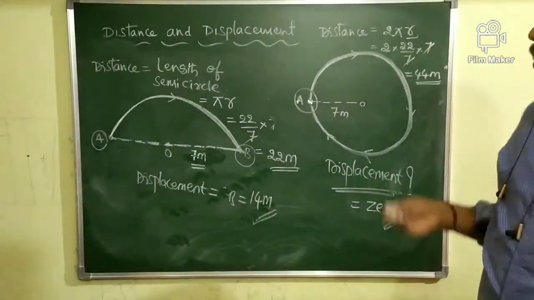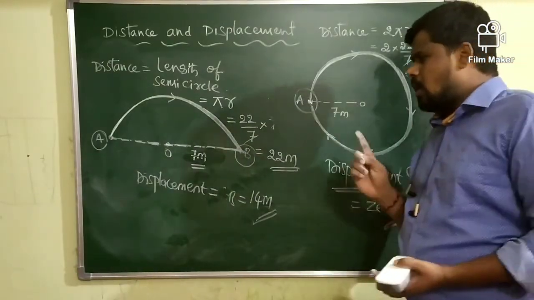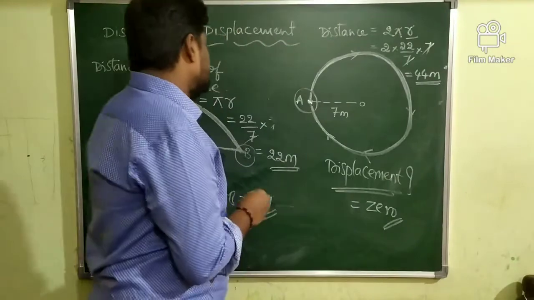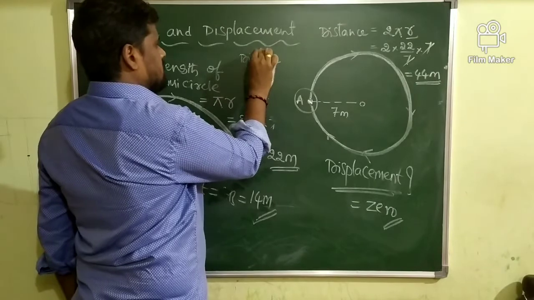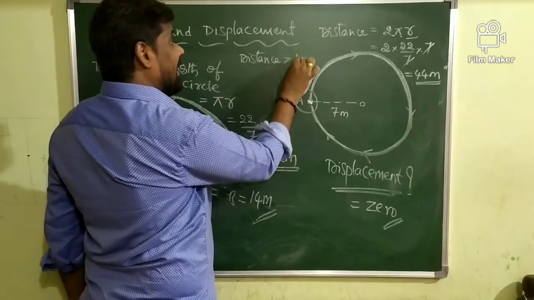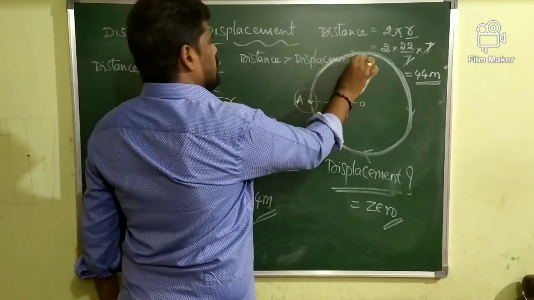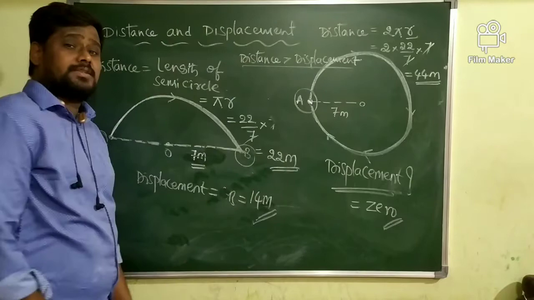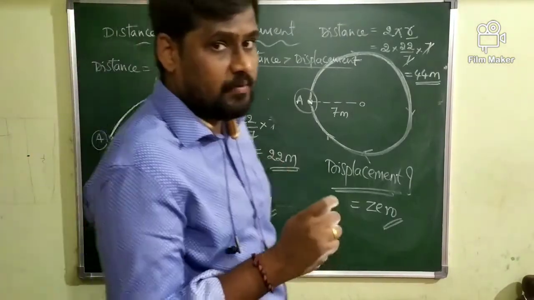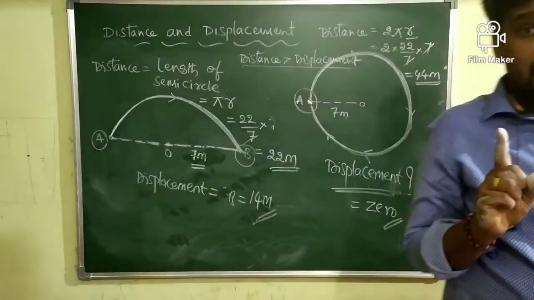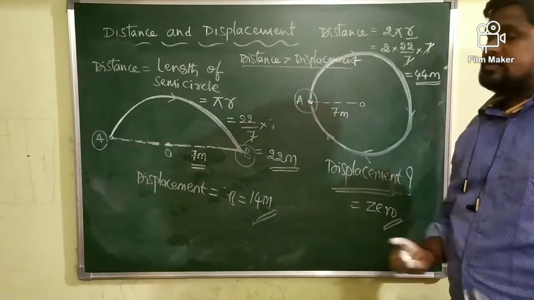When the body is moving in a circle of radius r, the value of its displacement is 0. Look at all 3 examples I have given. In all 3 examples, the distance traveled by the body is greater than displacement.